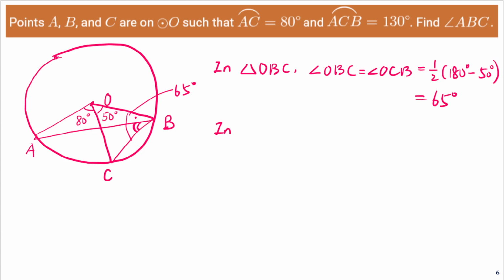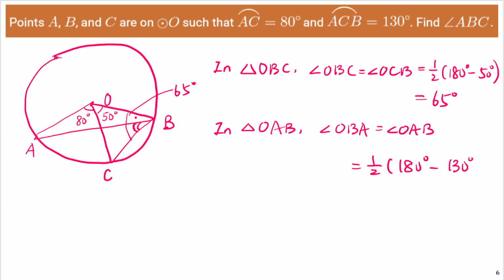Also, we can make use of isosceles triangle OAB. Because OA equals OB, we have angle OBA equals angle OAB, which is 1/2 of 180 degrees minus 130 degrees, and this gives us 25 degrees, right? Since here this angle is 25 degrees.